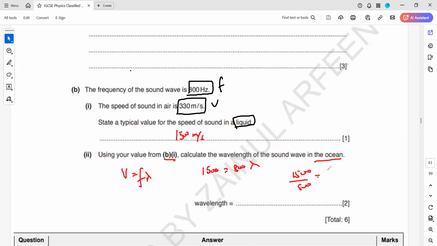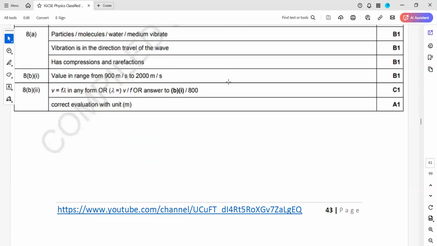So 1500 divided by 800, in short 15 divided by 8, which will give us 1.875 meters. But we write the answer in three significant figures, so I should write 1.88 meters. Because after 5 there is an odd number, we add 1, so that's why it is 1.88 meters. So when you write the answer, write it in three significant figures.